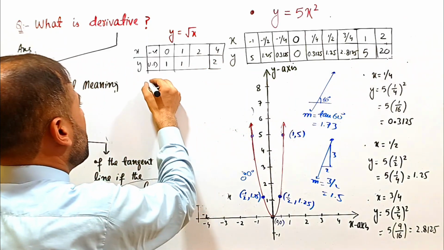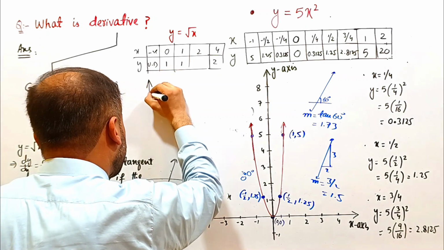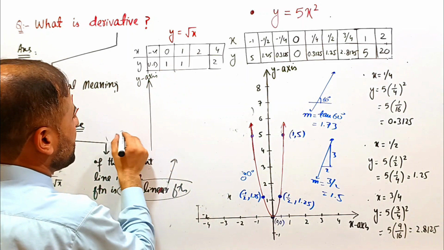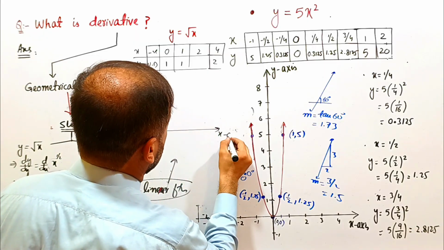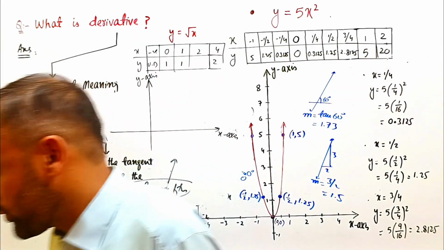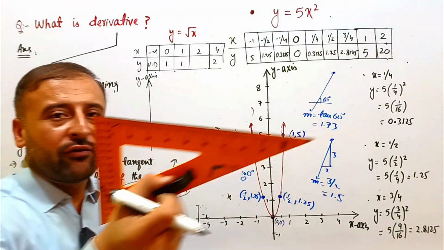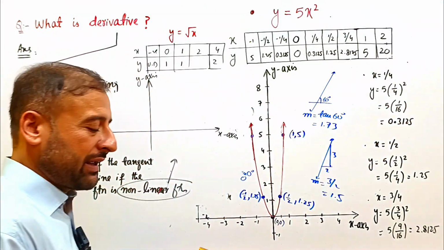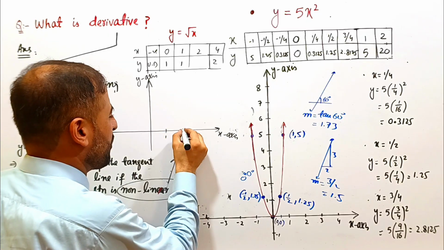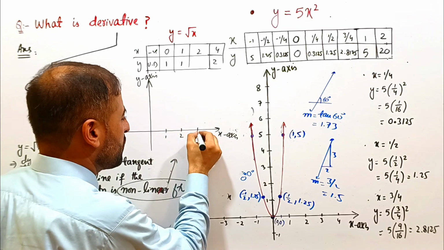4 comma 2. Now, students, this is the y-axis, and this one is the x-axis. Students, you try to plot these points with the help of a scale, which I have done in this particular case, but it's okay. We will be 99% accurate. 1, 2, 3.